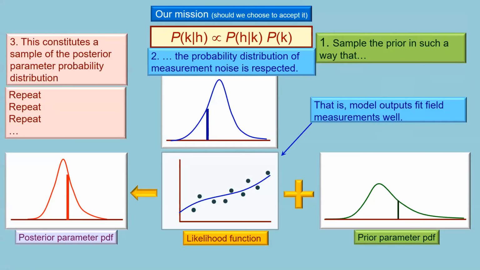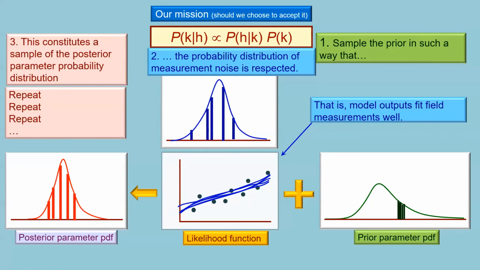If we do that often enough, if somehow or other we can generate realizations of the prior parameter probability density function which all give us a good model to measurement fit as judged by the likelihood function, then we're sampling the posterior, and by sampling the posterior, we are defining the posterior.